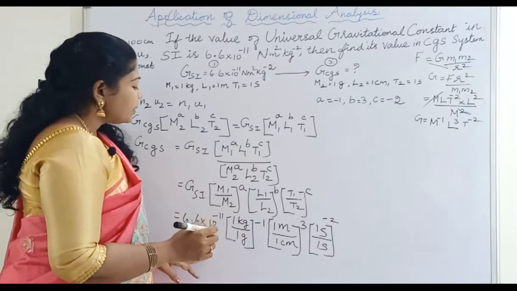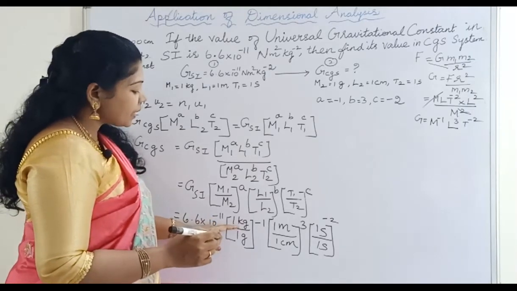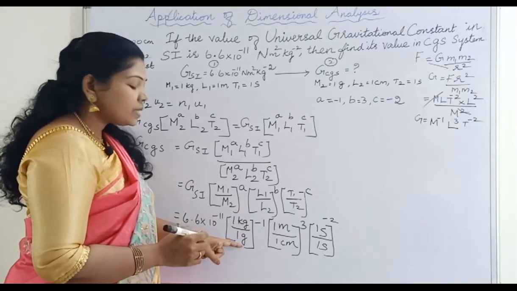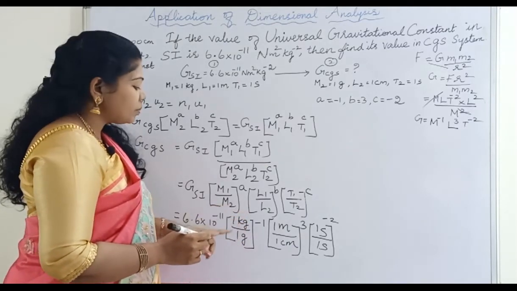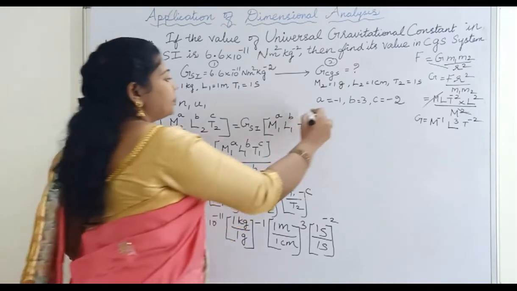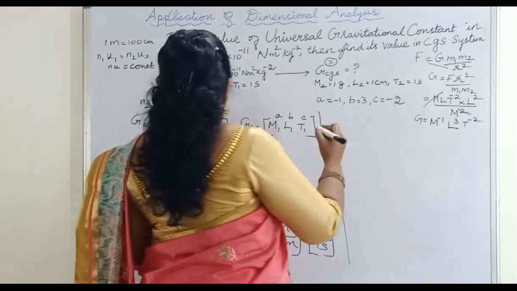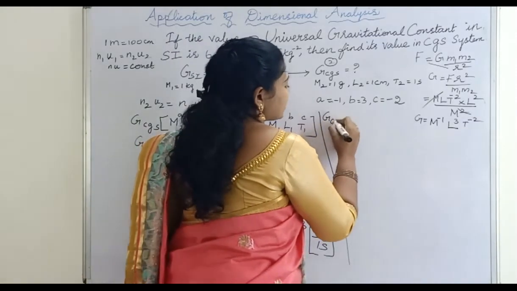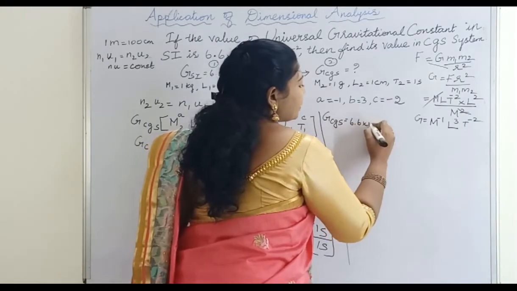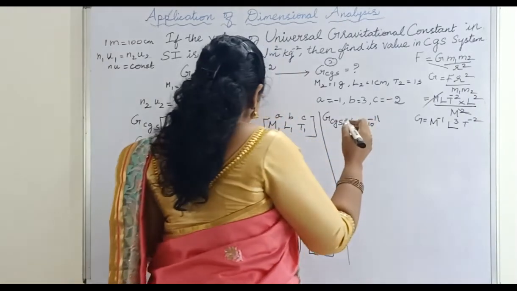Okay. So now in the next step, I am going to convert this kilogram to gram. Or you can convert this gram to kilogram. Both we can do. So now how to convert this kilogram to gram? For that I can write G_CGS is equal to 6.6 into 10 power minus 11.